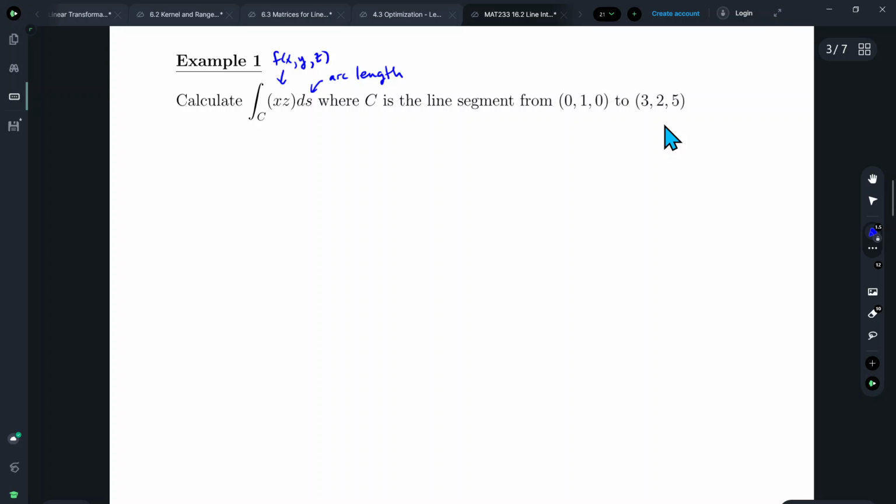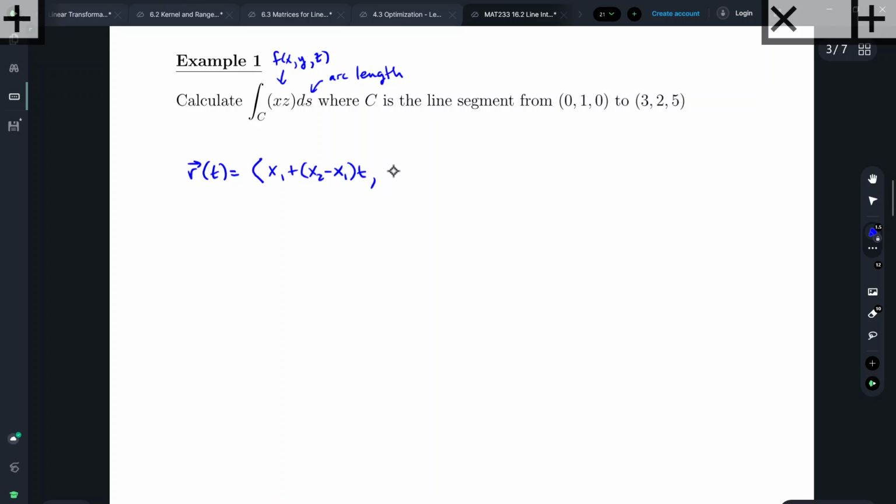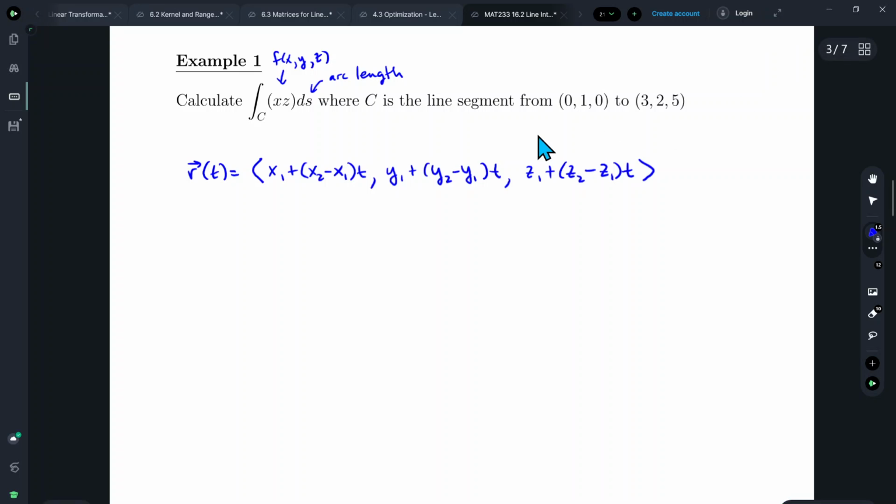So using the formula from the previous page, we have that r of t is going to be x1 plus x2 minus x1 times t, and then the y component will be y1 plus y2 minus y1 times t, and then the z component will be z1 plus z2 minus z1 times t, where the coordinates are exactly the coordinates of these points, right?